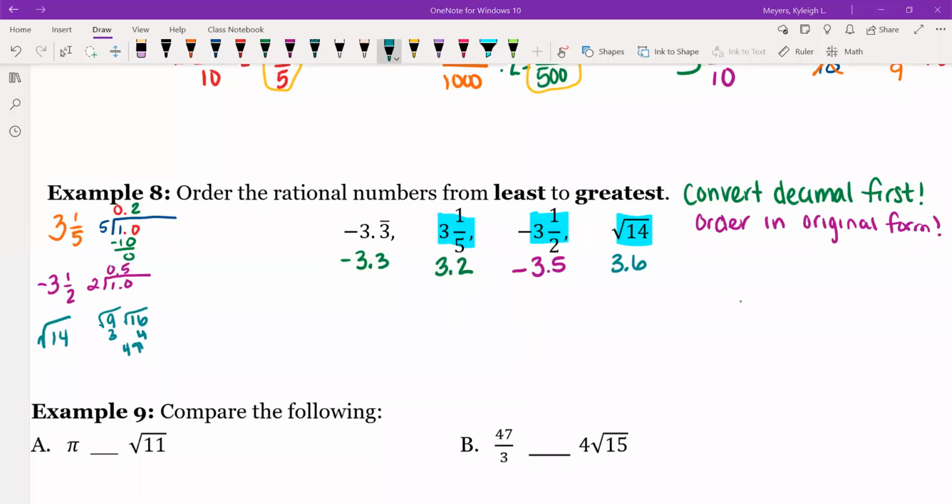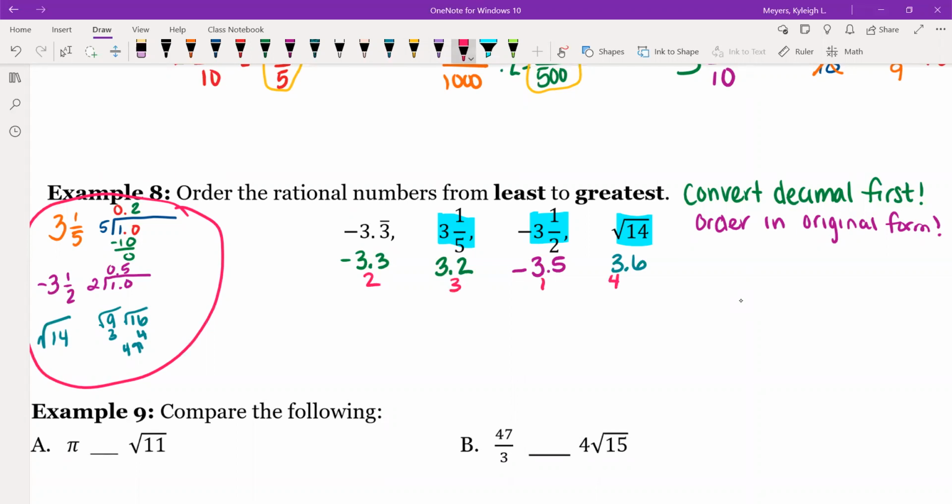All right, so I showed all my work over here on the side. So if you need to see that work, go for it. But we should have got -3.3, 3.2, -3.5, and 3.6. And now we order them from least to greatest. So remember, the bigger the negative, the actually smaller it is. So this is going to be our number 1, our number 2, our number 3, and our number 4.